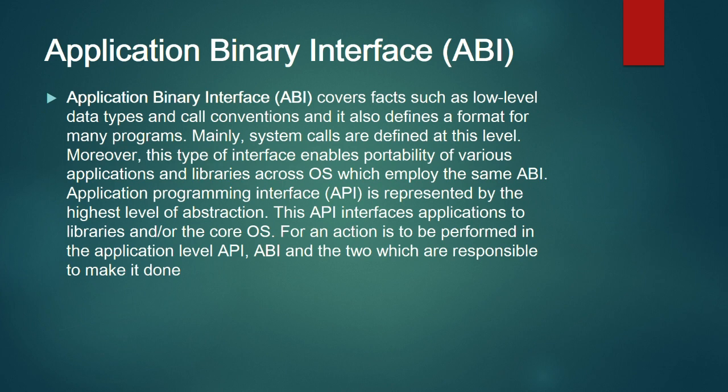Moreover, this type of interface enables portability of applications and libraries across operating systems which employ the same ABI. The API, application programming interface, is represented by a high level of abstraction. This interface lets applications call libraries on the core OS. For an action to be performed at the application level, the ABI and the API are responsible for making it done.